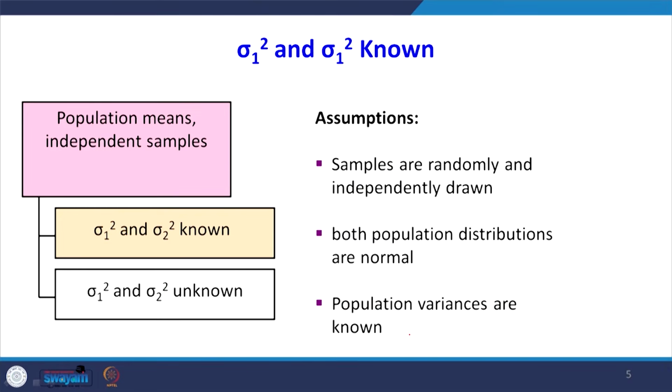We will see the assumptions for when the variances of the two populations are known. The first assumption is that samples are randomly and independently drawn, and both populations are normal. We have seen in the first slide that both populations are normal, and population variances are known but different.